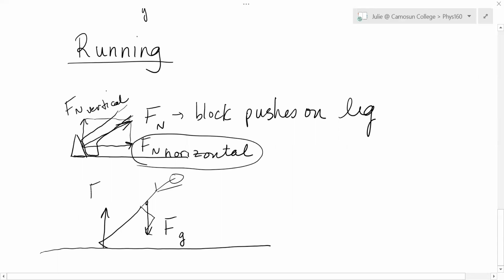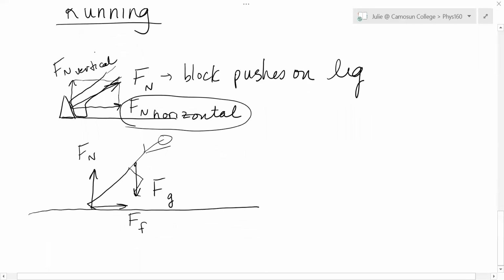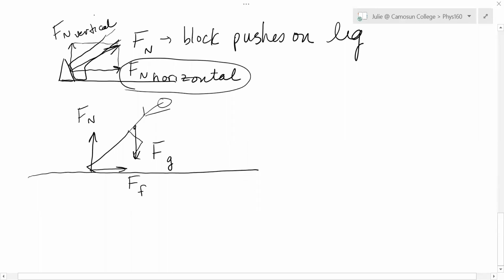That's all the ground can do, push vertically up to keep you from falling through the ground. And remember, if it was ice, this foot would flip out to the left. So friction must be to the right. That's why you want to wear good shoes that have maybe little spikes in them to increase that friction force. Now, you can't neglect air resistance here. You will have air resistance, and we'll just put it right up here.